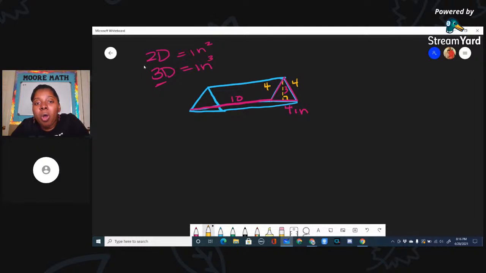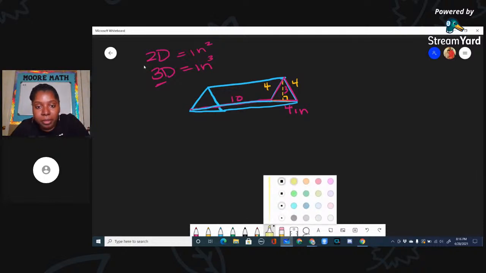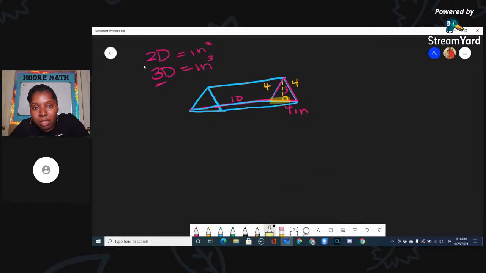The only two important things here are this side right here, and let me make it bigger, this side right here and the height. You're focusing on that perpendicular box, the right angle. Anything that doesn't form a right angle, we don't care about. The only thing we care about is what forms that right angle.